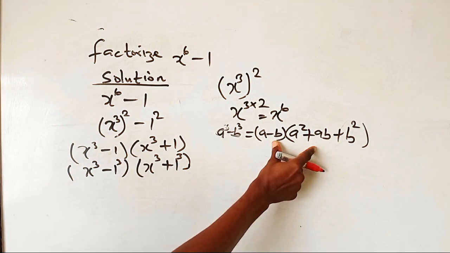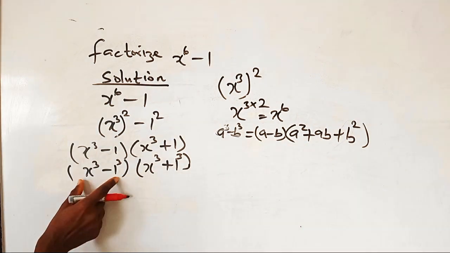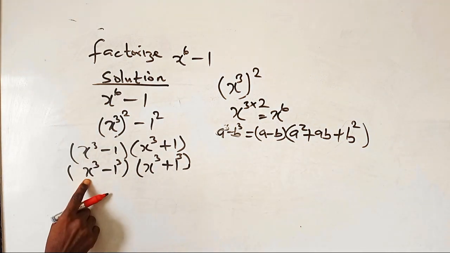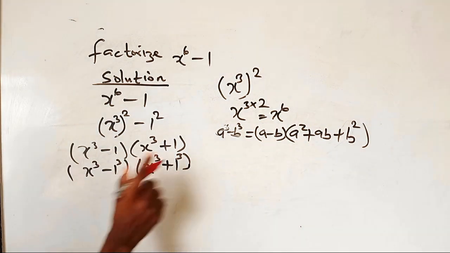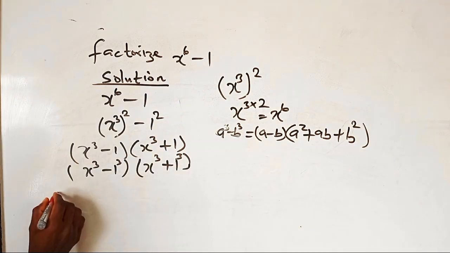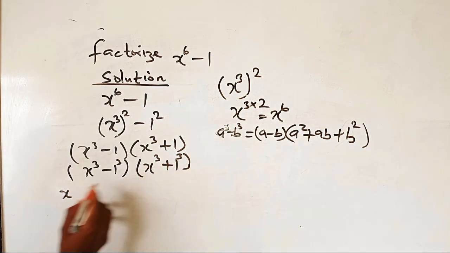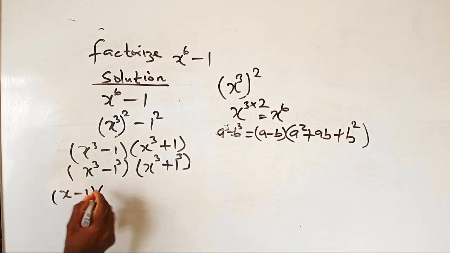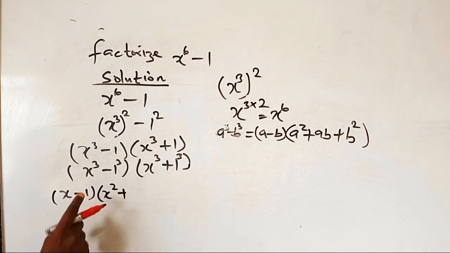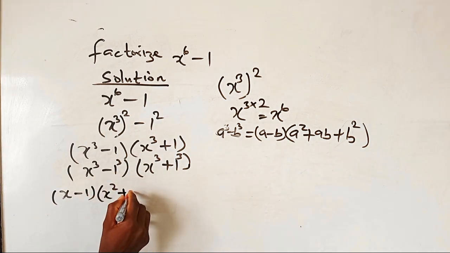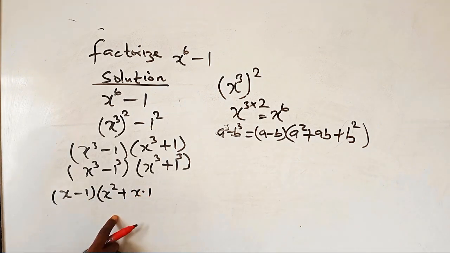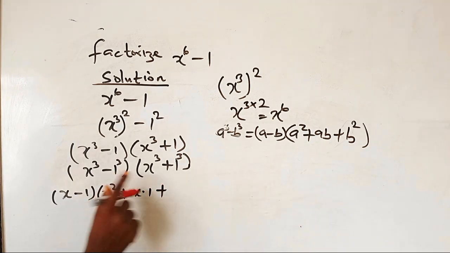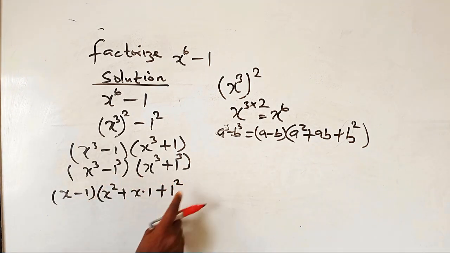When we apply this algorithm to x cubed minus 1 cubed, we have x minus 1, times x squared plus, multiplying these together, x times 1, plus 1 squared.